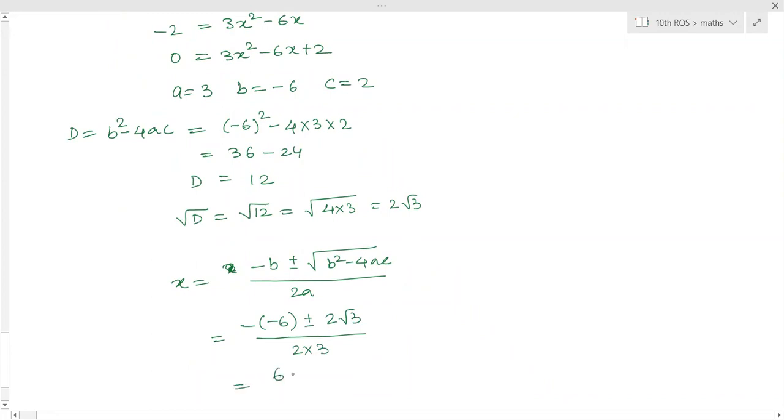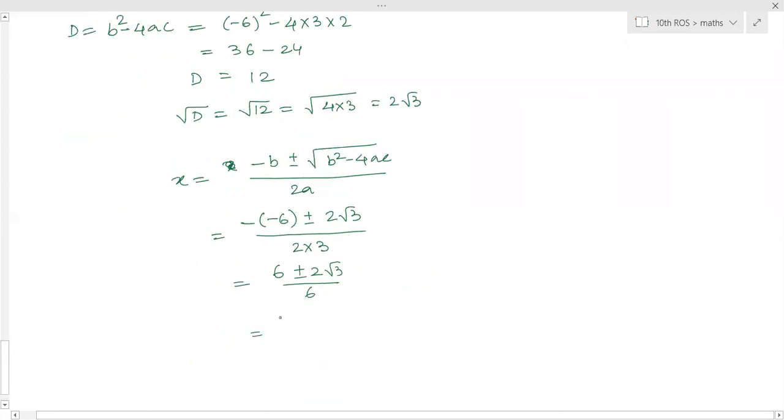So it is 6 plus or minus 2 root 3 by 6. Take 2 common, 3 plus or minus root 3 by 6, 2 ones are 2, 2 threes are 6. So it is 3 plus or minus root 3 by 3, the x value. One value of x is 3 plus root 3 by 3 and the second value is 3 minus root 3 by 3.